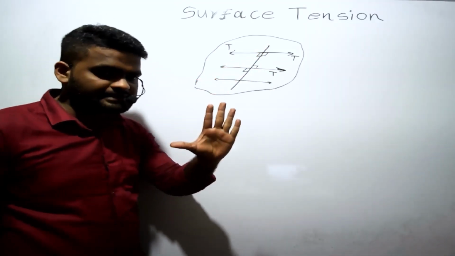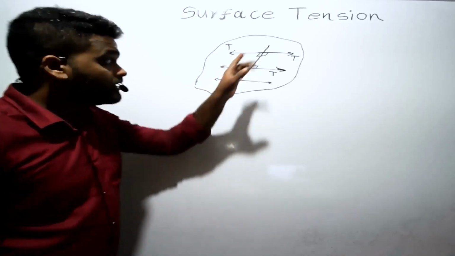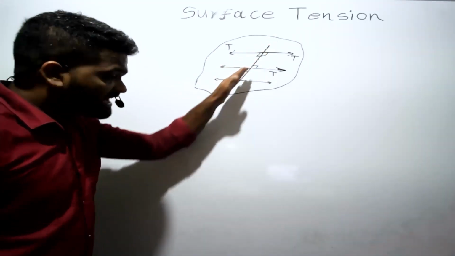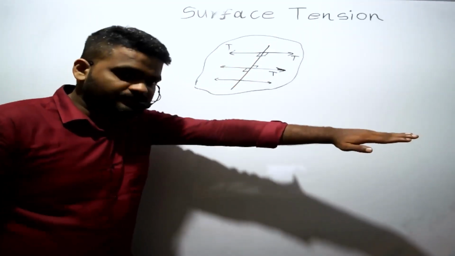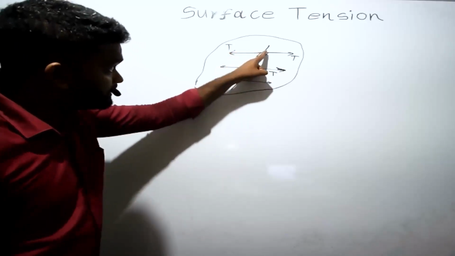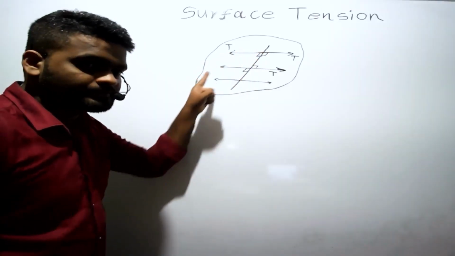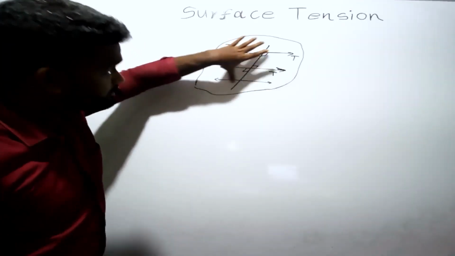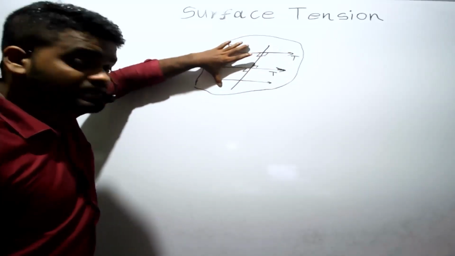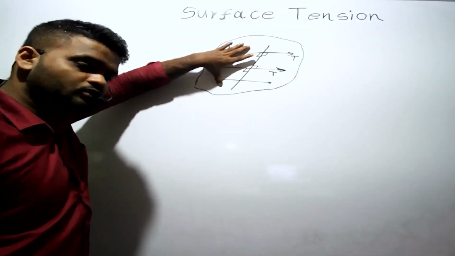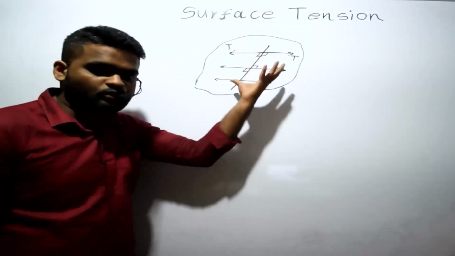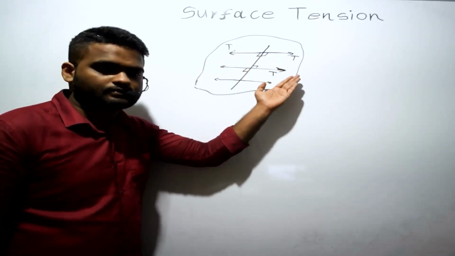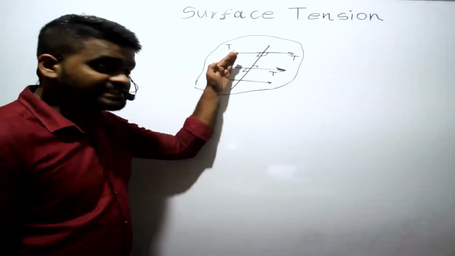You have to carefully understand this, they ask it in the exam. There's an imaginary line on the surface of the liquid, and you consider the forces perpendicular to it. But you don't consider both sides, only one side. Why? If we consider both sides, these forces cancel off, so we only consider one side.